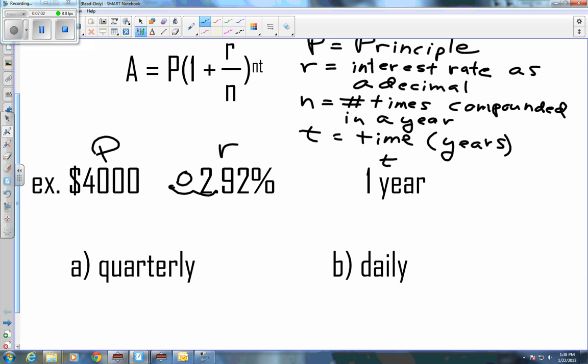I have 2 different ways to compound it. Quarterly and daily. So let's do quarterly first. Now this is what I want to see on your paper when you do these today.